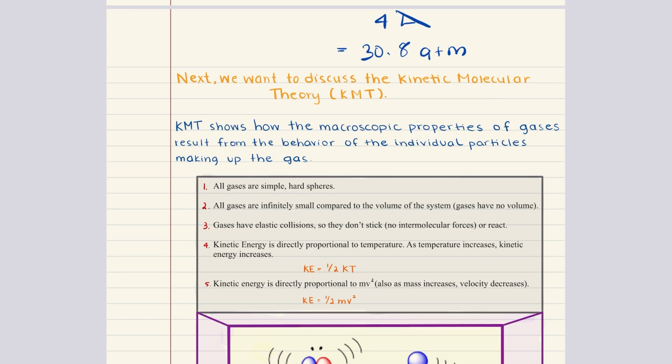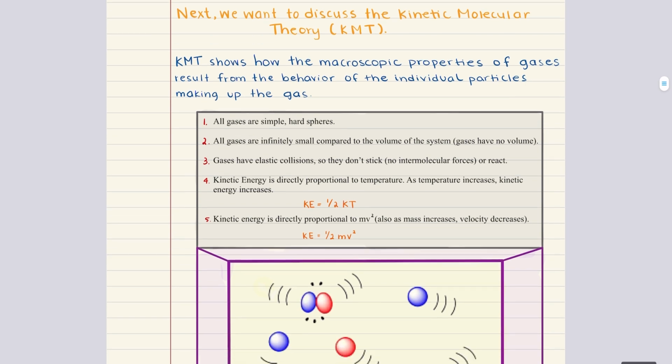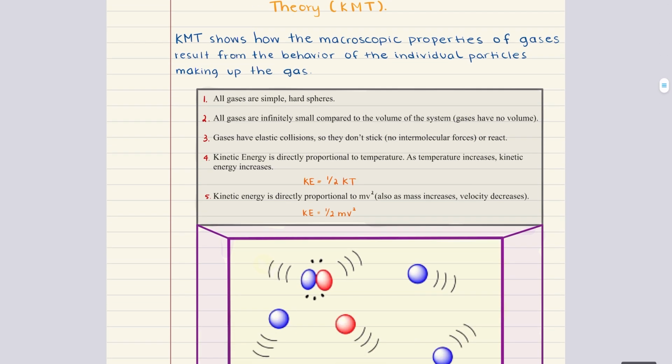We've seen that gases expand to fill their containers, that their volume, pressure, and temperature are all interrelated, and that their behavior can be described mathematically. But to truly understand gases, we need to go beyond the equations and look at what's happening on a molecular level. This brings us to the kinetic molecular theory, or KMT for short.